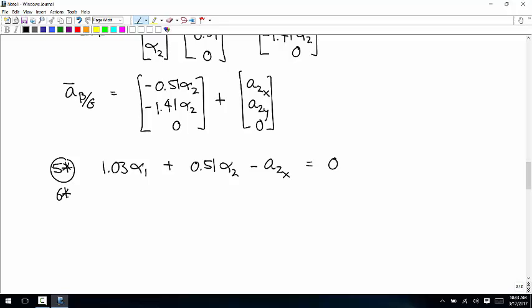And equation 6 star is negative 2.81 alpha 1 plus 1.41 alpha 2 minus A2y is equal to 0.